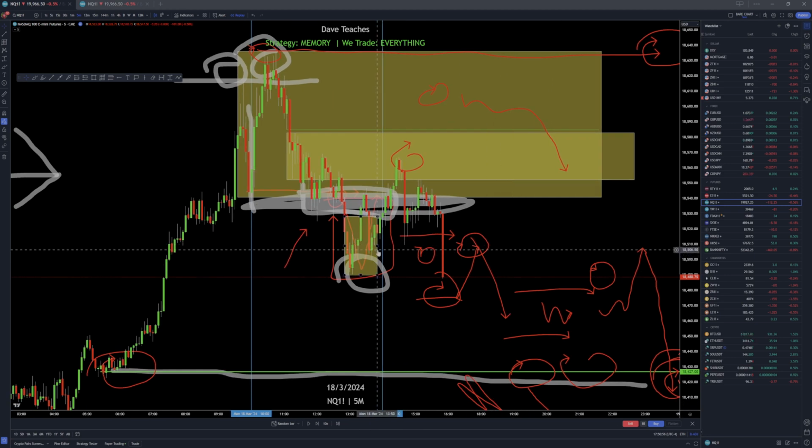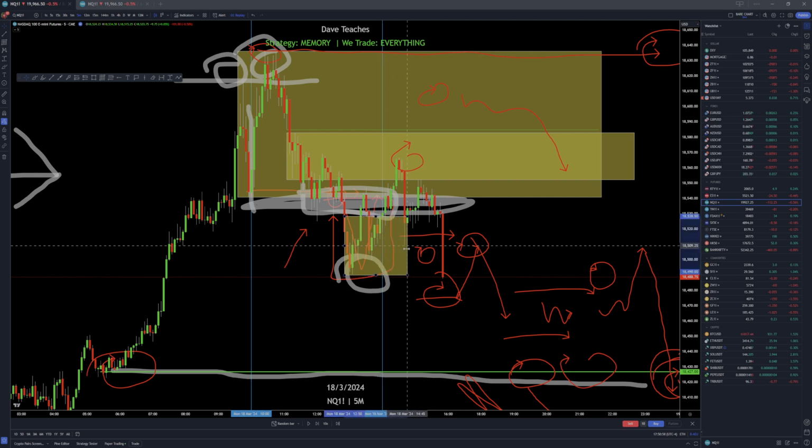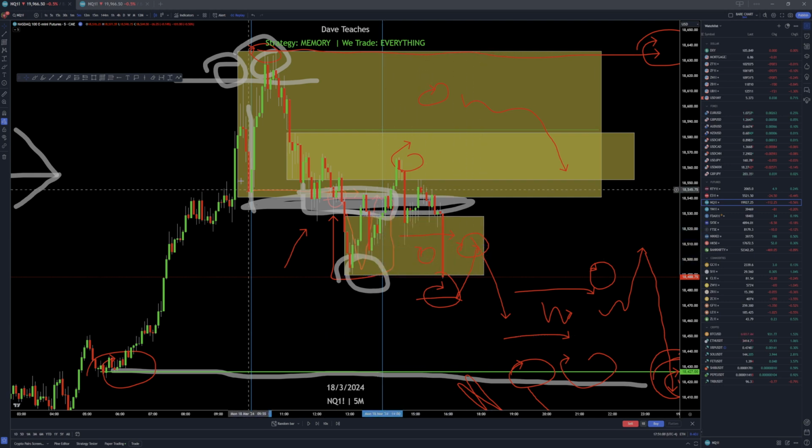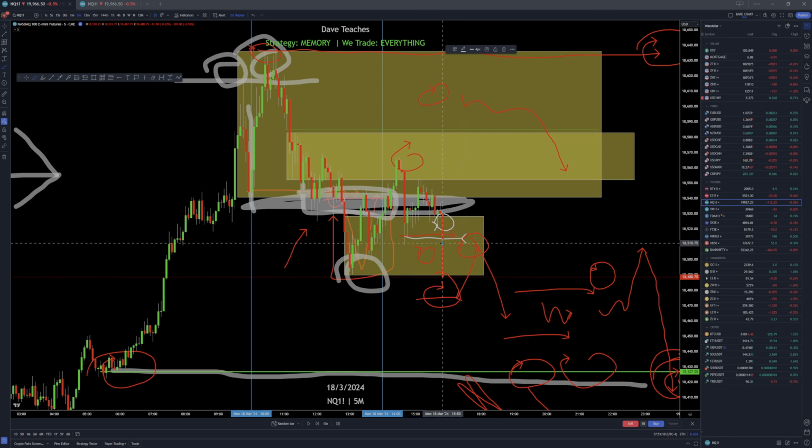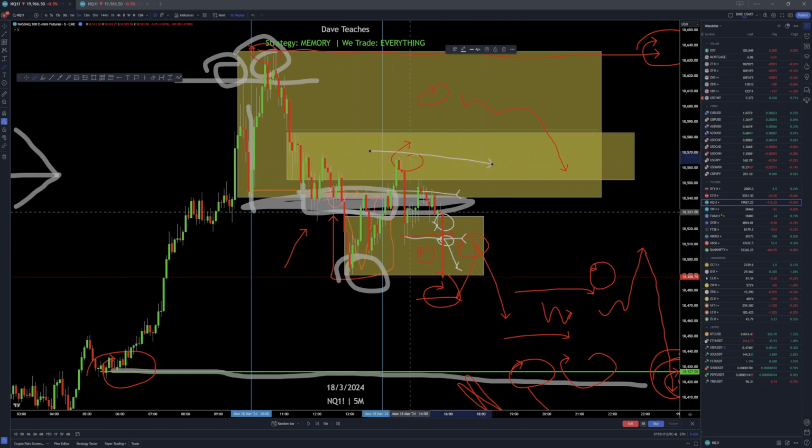Y'all see that? You see the low it took? So you see right here, or even here, why that chase, because that's what I would consider a chase. If you're not getting in by a zone, then it's considered a chase.